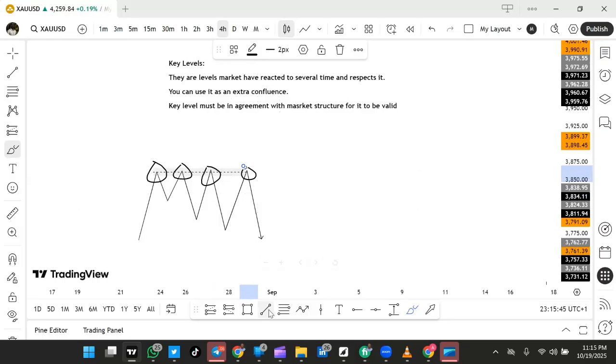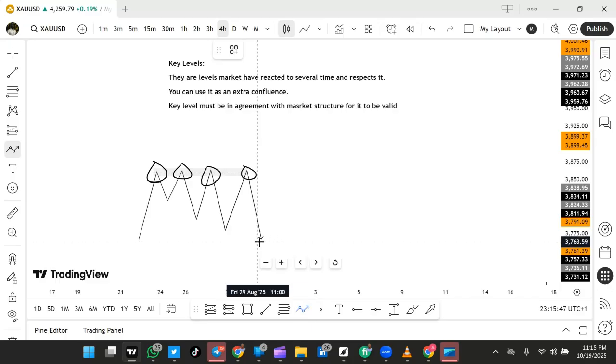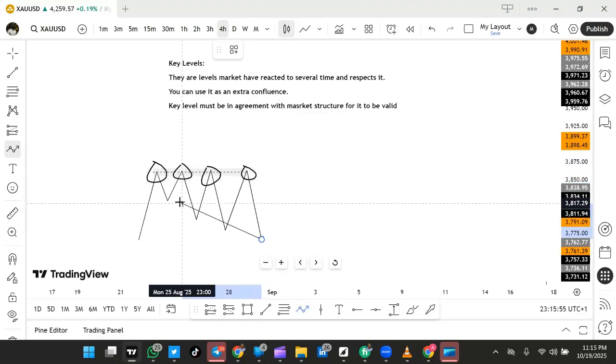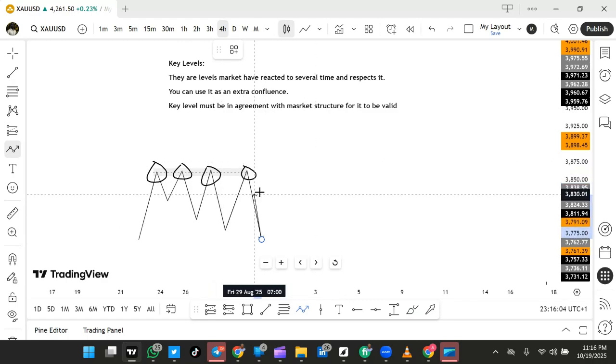So this level is referred to as a key level. What are you anticipating in the future? You are anticipating the market to come back to this level. Since the market is clearly bearish, breaking structure to the downside, break of structure, break of structure, let's say you trade SMC, your normal supply and demand.